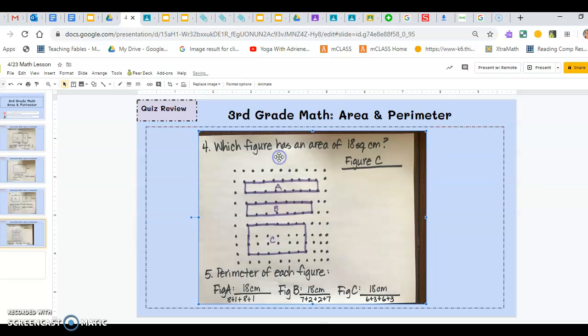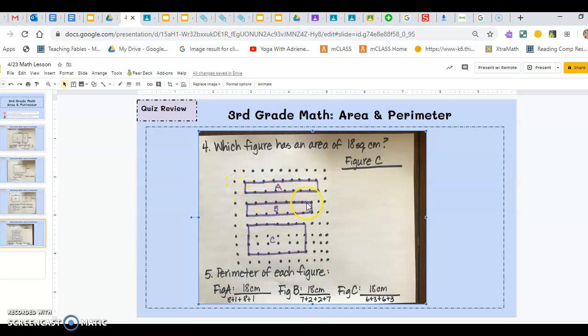So here are questions 4 and 5. There we go. 4 said, which figure has an area of 18 square centimeters? So you had A, B, and C. And what you had to do was skip count. 1, 2, 3, 4, 5, 6, 7, 8. So I would have labeled this 8, and this side I would label 1.